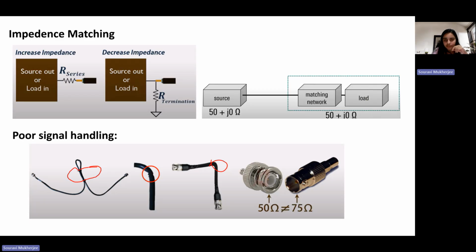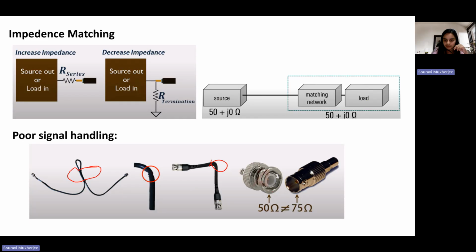Especially when you're dealing with antennas, if you have an antenna at the load end, it would have a very specific load impedance as a function of frequency. So you have to be careful at which frequencies you are working, so that the impedance remains matched in the range that you're working. All these things are very important.